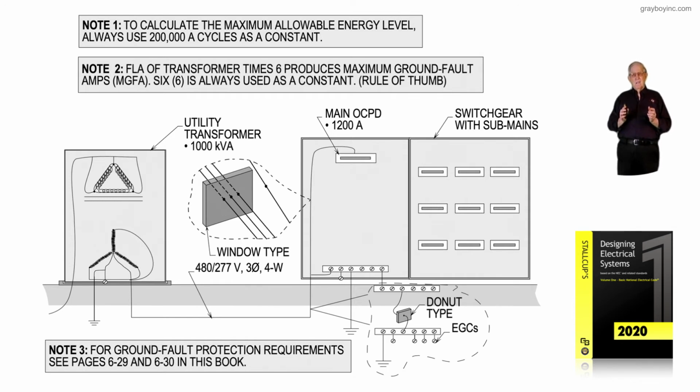Now the next method we could use instead of the window is the donut type you see in the illustration. But it is not the state of the art that we would use. Notice that it's connected to a grounded bar through a strap, it's a donut, that connects to the neutral bar that's isolated from the can, which the code permits, as we'll see.